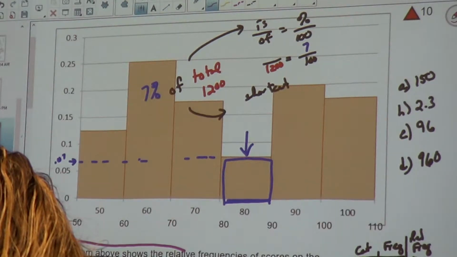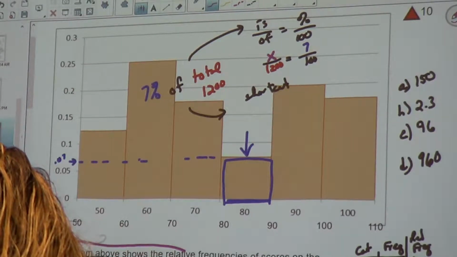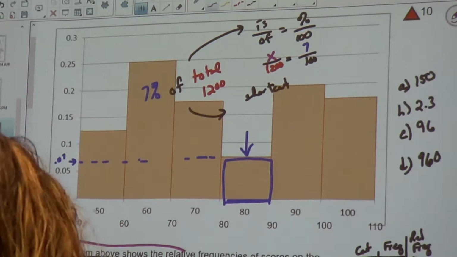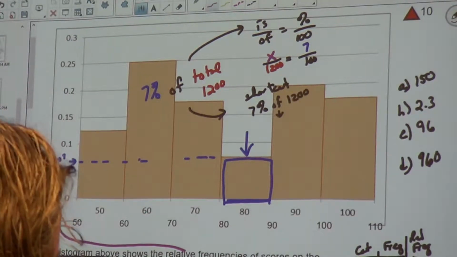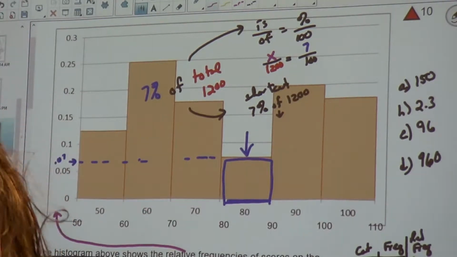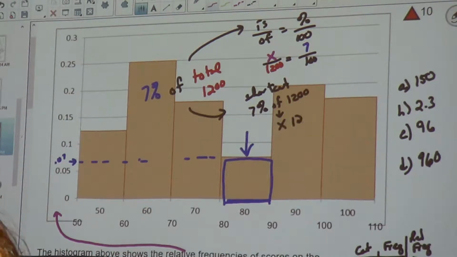And we're trying to find the is. Now if I do the shortcut, is 7% of 1200. What does of mean in mathematics? Multiply. And what do we have to do to a decimal before we can use it mathematically? So that's going to be 0.07. So I can do it one of two ways.